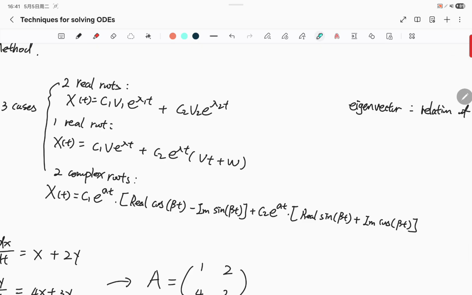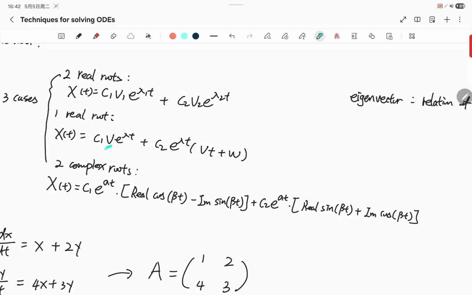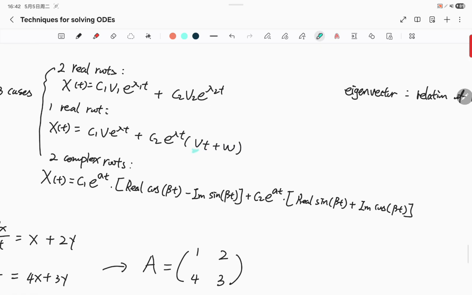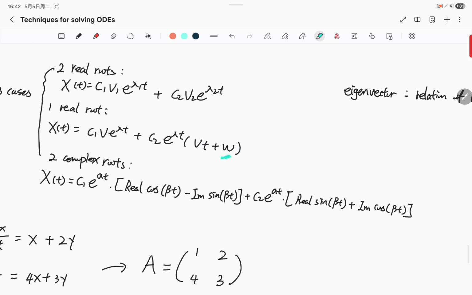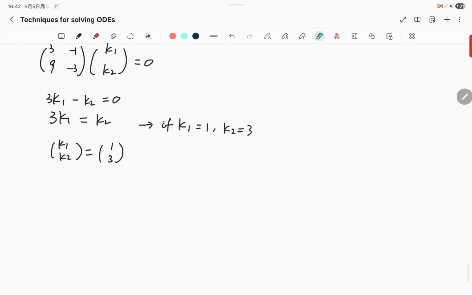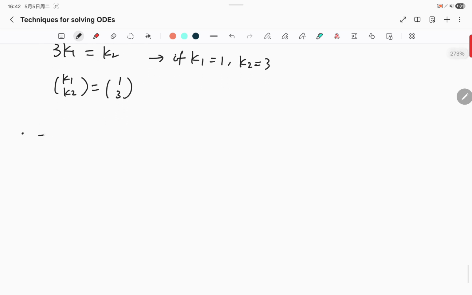template we have here. This is for the single root here, sometimes called repeated root. We just find the first vector. This vector is used again in the template. However, what is this w? This w is basically a second vector. So now let's see how we get the second vector, or let's say the other vector w.